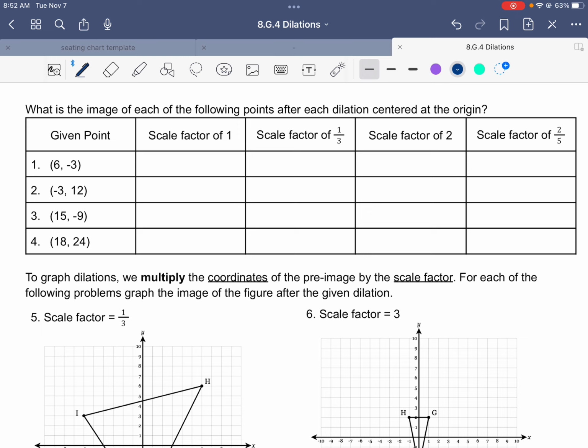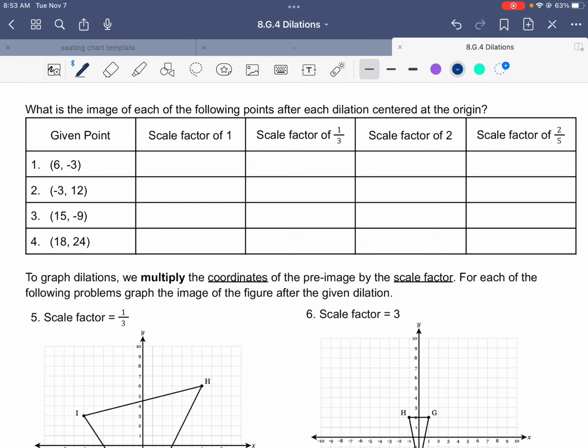So on the front of this sheet, we were determining the scale factor based on figures graphed in the coordinate plane. On the back of this sheet, we are applying a given scale factor to points and figures. So this table says, what is the image of each of the following points after each dilation centered at the origin?